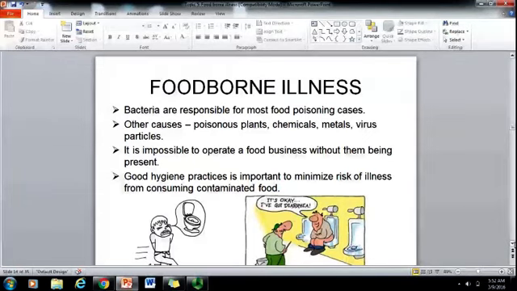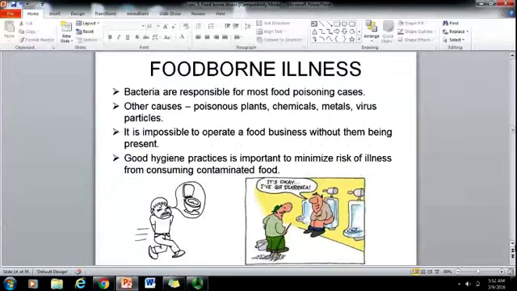Now we come to foodborne illness. We have known the foodborne pathogen factors, and most cases of foodborne illness are actually due to bacterial agents. It is possible to prevent foodborne illness, but it is impossible to eliminate the bacterial agent in our environment because they are present naturally.